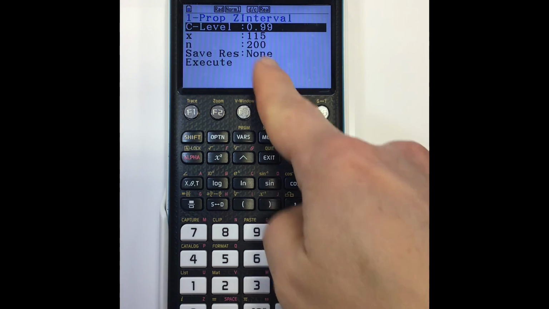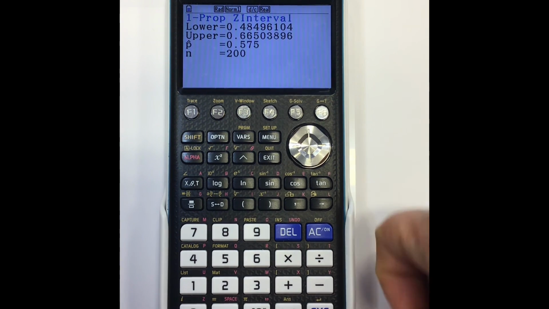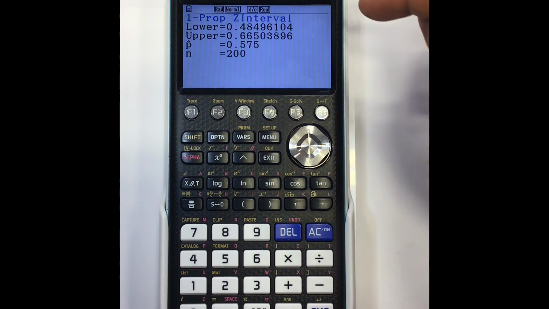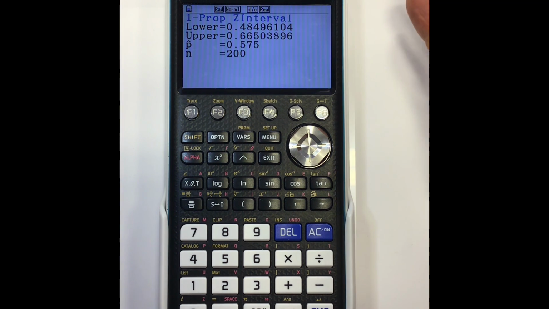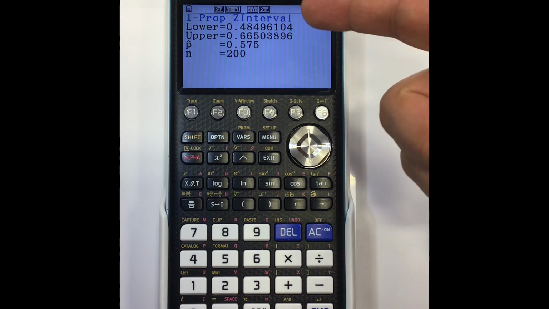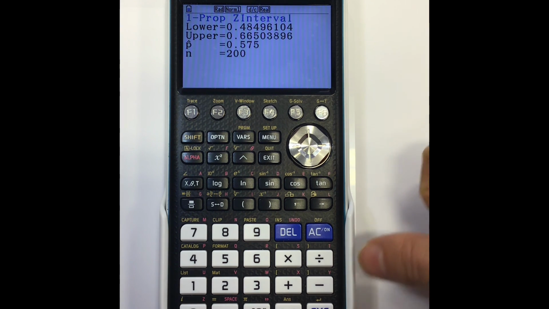And again, you did it 200 times and you got 115 times. Look at the lower and upper. What do you think? Does 0.5 stay in this interval? Yes, that means 0.5 is still correct. The probability of 0.5 for the coin is still correct. So stick with the null hypothesis.